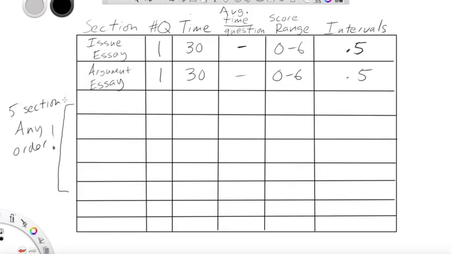All right. So first things first, let's get what's called the experimental out of the way. Up here I'm going to put experimental, math or verbal, because you don't know whether your experimental is going to be math or verbal. It's going to look like any other section.